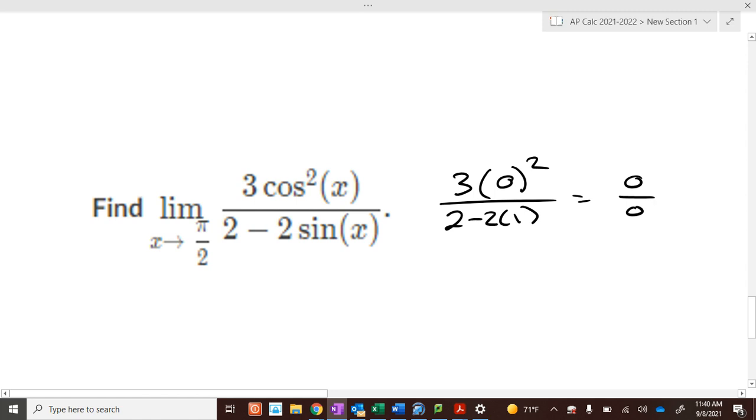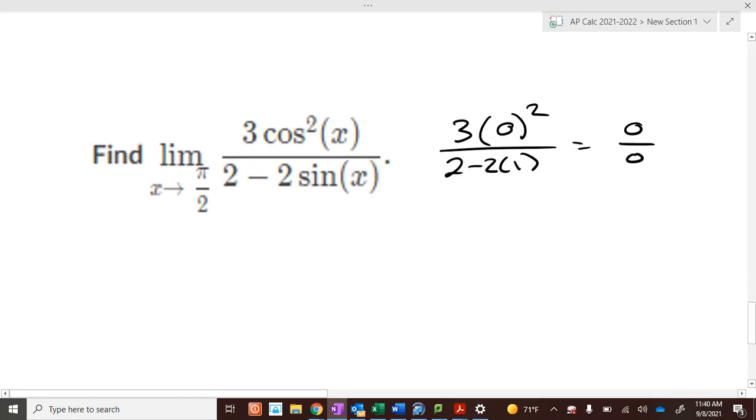What kind of form were we in? Indeterminate form. 0 over 0 is indeterminate form. Since we're in indeterminate form, I've got to see what I can do. Which one should I manipulate, my numerator or my denominator?